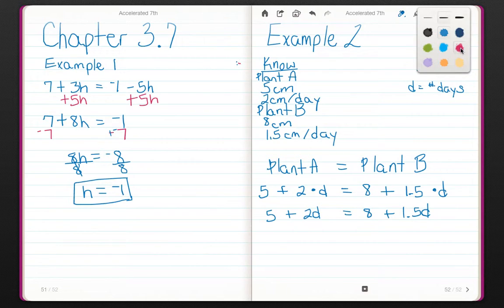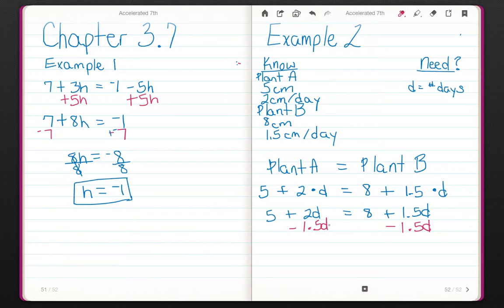I need to rearrange and move the variable so that it's on the same side of the equation. So that leaves me with 5 plus 0.5d equals 8.